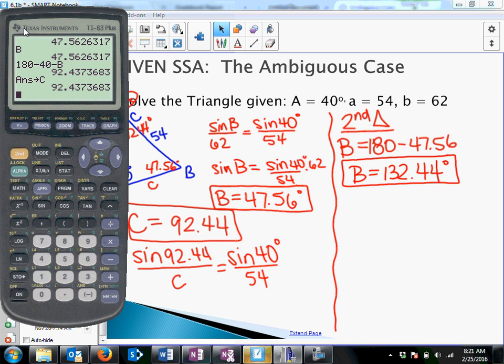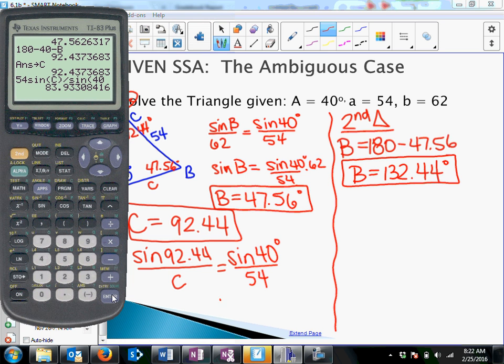So when we cross multiply, we take 54 times the sine of 92.44. Well, that's angle C, and I have it saved, so I can just type in alpha C, okay? And then we need to divide by the sine of 40. So side C is 83.93.